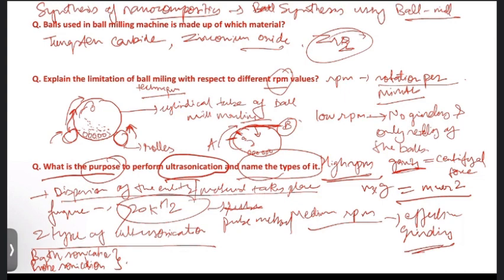And why is such an ultrasonication technique needed? You know about carbon nanotubes? They are very long. They are 1D nanoparticles, but they are very long. If in a system I have multiple carbon nanotubes, they will get entangled. A bunch of CNT will form. And you also know that nanoparticles have high surface area.